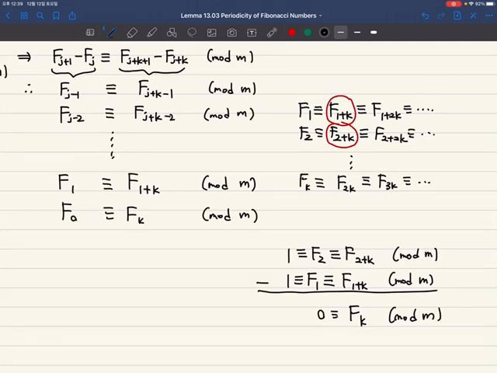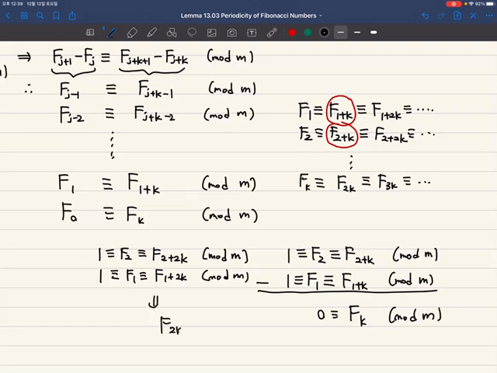We can also repeat this process with 1 congruent to f of 2, which is congruent to f of 2 plus 2k modulo m, and 1 congruent to f of 1, which is congruent to f of 1 plus 2k modulo m, and then this will imply that f of 2k is congruent to 0 modulo m.